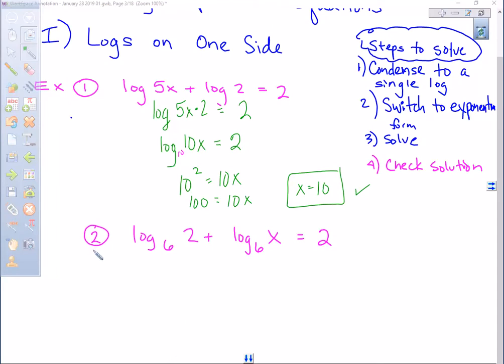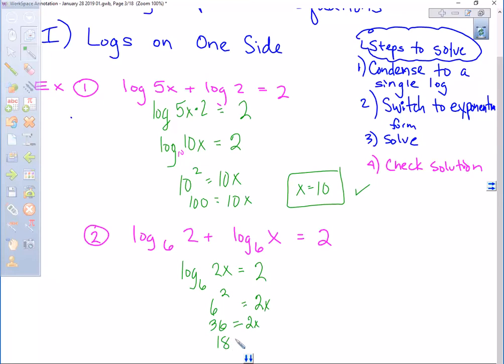All right, example 2, very similar. We have logs, this time base 6. They are added. So when we condense them, this addition switches to multiplication. And then we switch forms. So it becomes our base is 6, our exponent is 2, our answer is 2x. So we get 36 equals 2x.